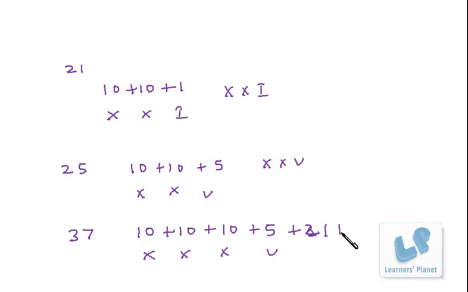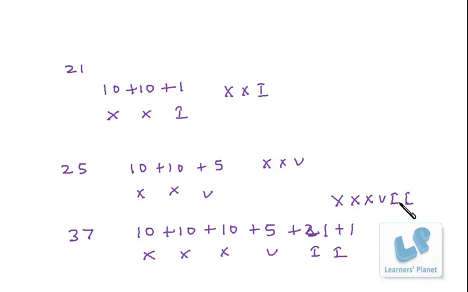In fact, we have to write it as 1 plus 1 because we don't have the direct representation of 2 in Roman numerals. So it's I and it's I. So the complete number is XXXVII.